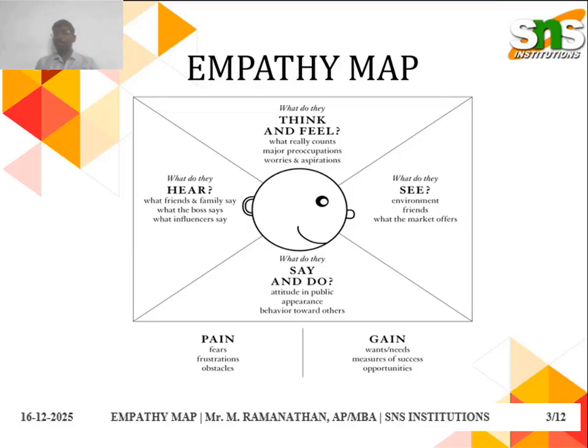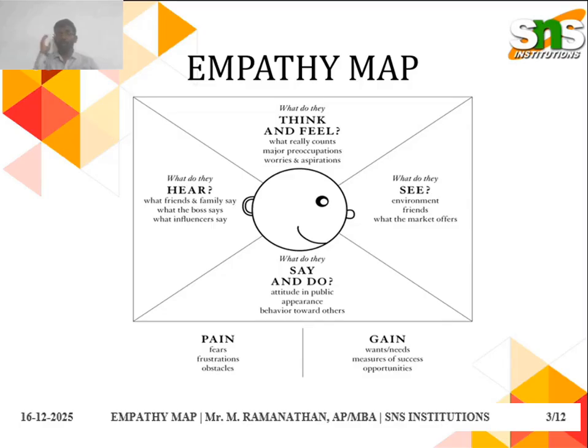With that I can give my suggestion, and my observation can be taken into consideration: whether the product is good enough, what it is trying to say, what it is going to do, what its particular function is, and what additional features are there. These are the things I can take out. So these are the 4 quadrants of the empathy map.